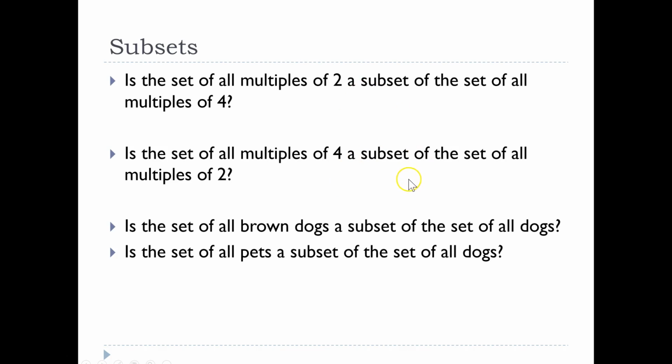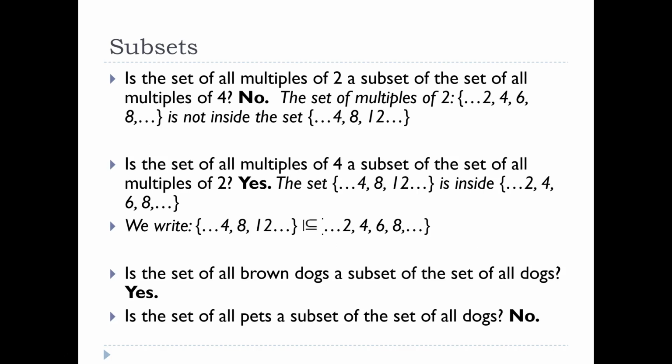Which one of them is true? And in addition, see if you can figure out if the set of all brown dogs is a subset of the set of all dogs, and if the set of all pets is a subset of the set of all dogs. Even if you don't get all of these right, that's not the point here. The point is to try it out, see how much you know so far. So pause the video and give it a try.